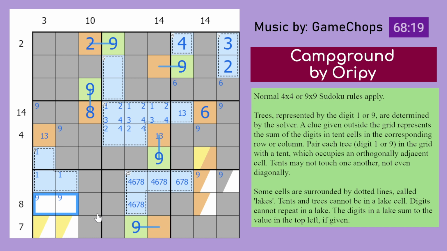See, I still don't understand how to resolve this. If its tent is in here, we know it's a 1-2 pair forming with that. But if the tent is here, then this is just a regular 3 here, which seems to work, right?